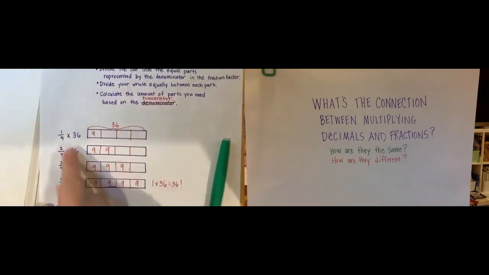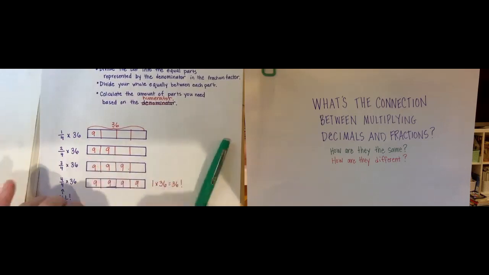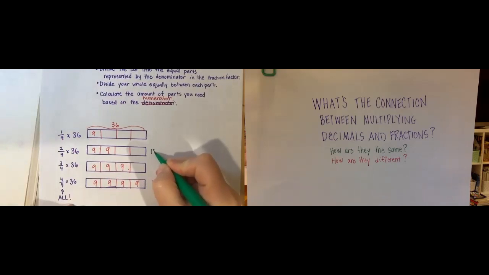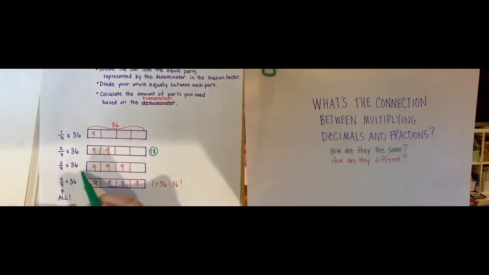So as you can see here, if I had 1/4 of 36, that would make 9. 2/4 of 36 would be 9 plus 9, 18. 3/4 of 36 would make 27. And 4/4 of 36, well, that would be all of the 36. 1 times 36 is 36, right?